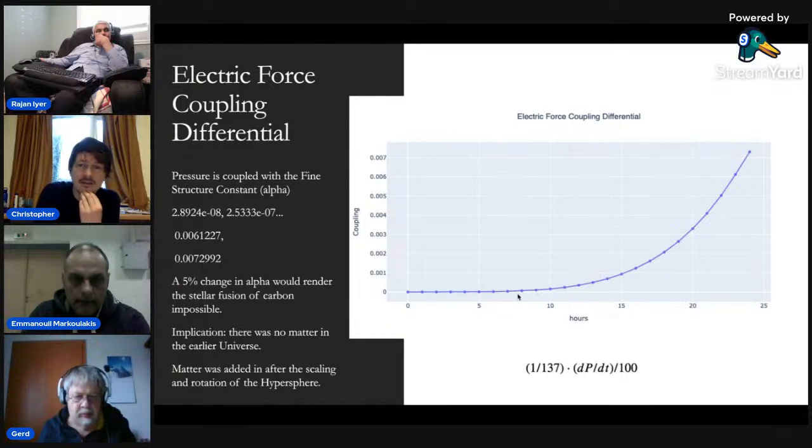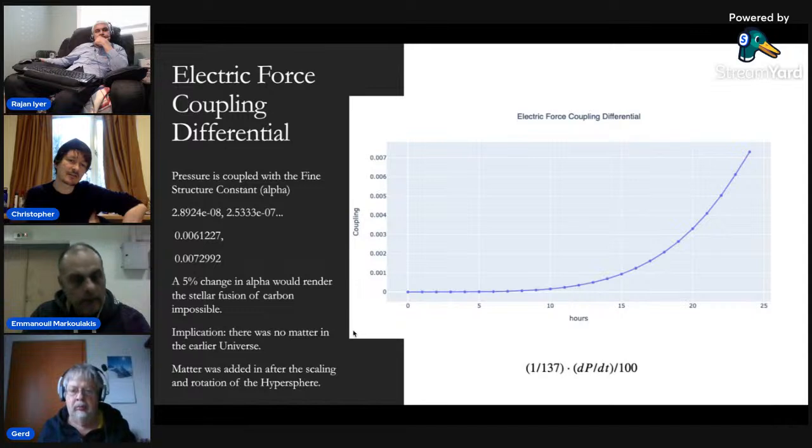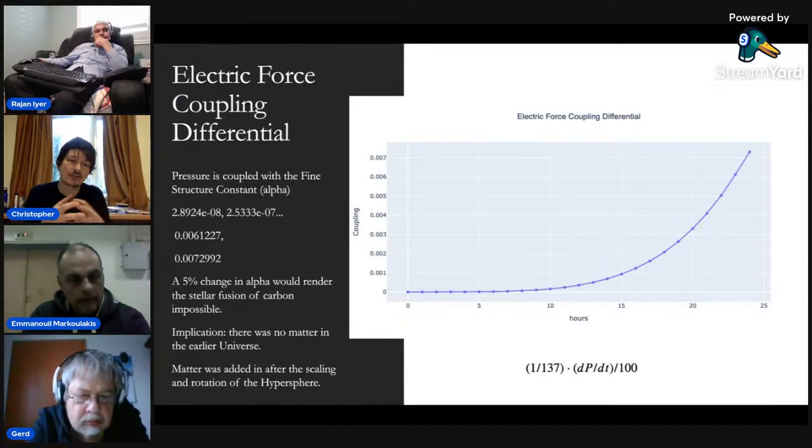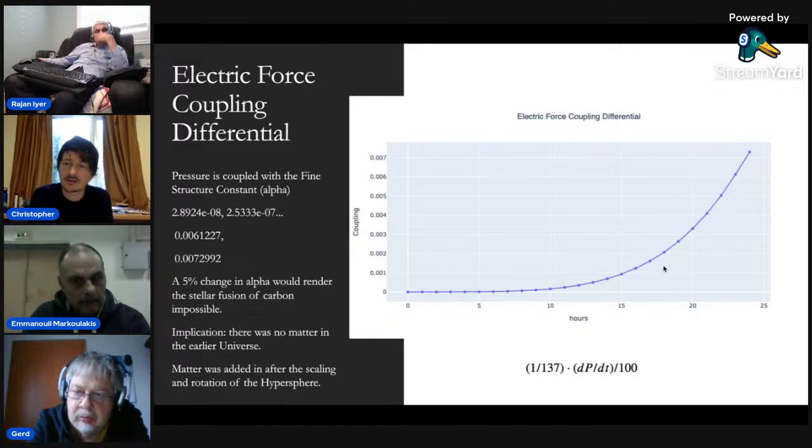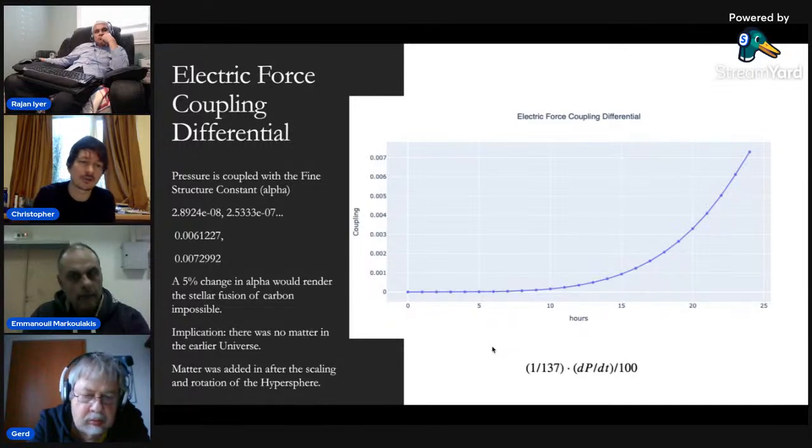So this is how the electric force coupling would have changed as the universe expanded. However, even a 5% change in alpha would render stellar fusion of carbon impossible. I think 5% is around here, so it's obviously a lot greater, all the way to 100% effectively.